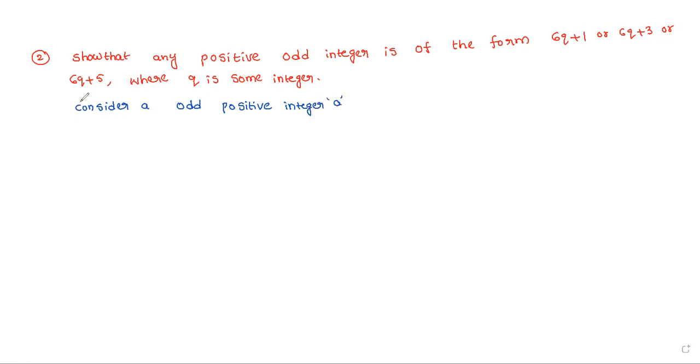So by Euclid division lemma, a is equal to bq plus r, 0 less than or equal to r less than b.